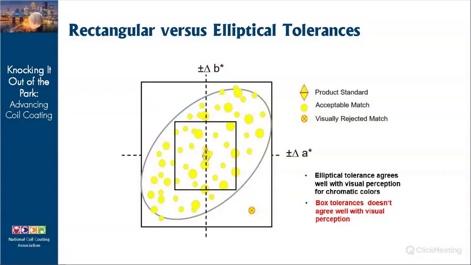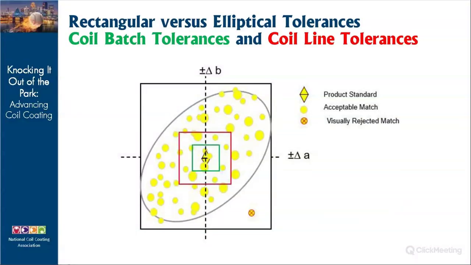So we want to try to work towards optimizing that. Reality is, right now, if you snapshot the coil industry as a whole, production lines are running to this kind of a tolerance. Paint batches are controlled to a much smaller tolerance.